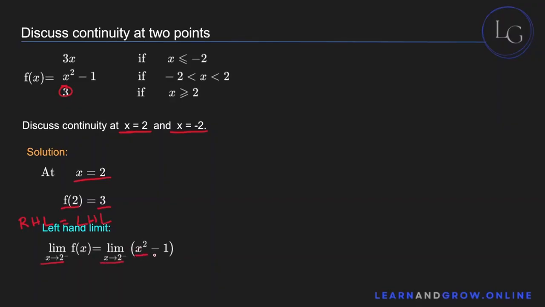Why is it this particular one? Well, because when x is less than 2, the value of the function is x squared minus 1, which is why we've taken this one, x squared minus 1. So now that you input the limit 2, you get 3. So far so good, because that's what we have here.